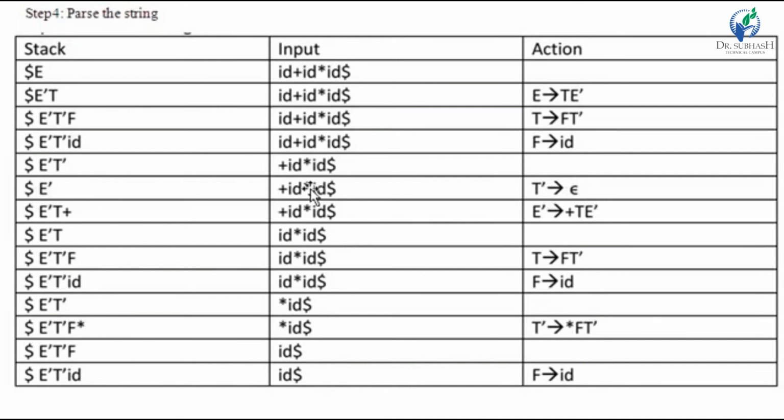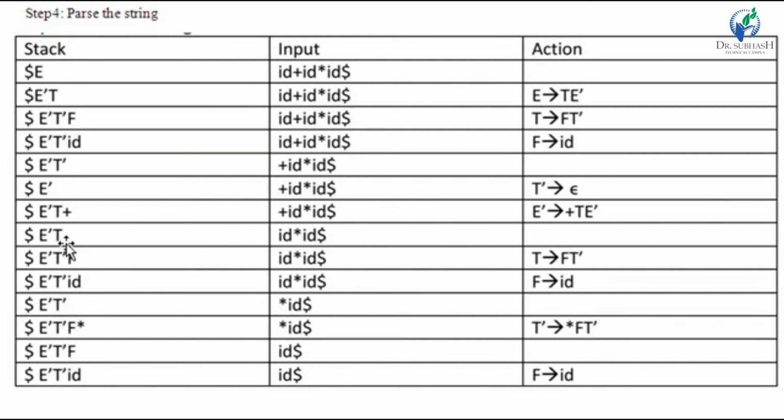So now E dash, and the input plus ID star ID dollar. Now from E dash can you find a plus production? Yes, E dash gives plus T E dash. So plus T E dash. Now plus and plus are matched, so cancel it. Now E dash T, and input ID star ID dollar.